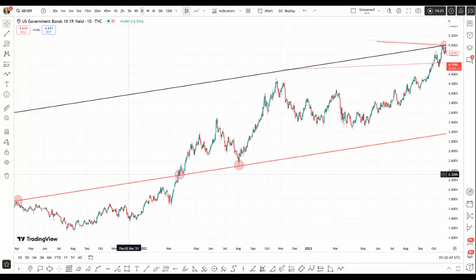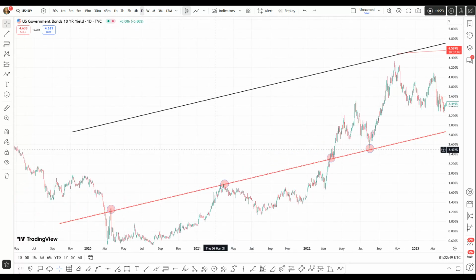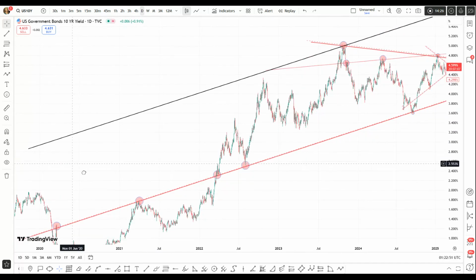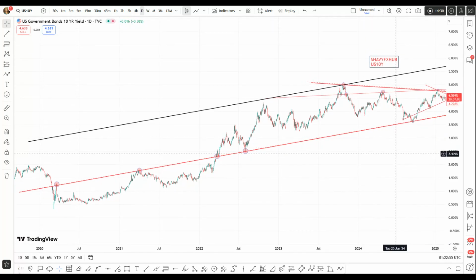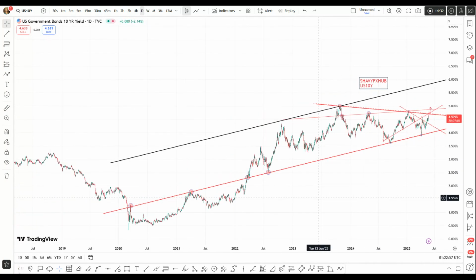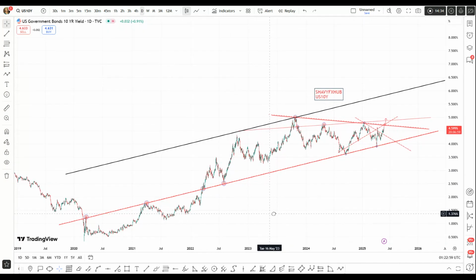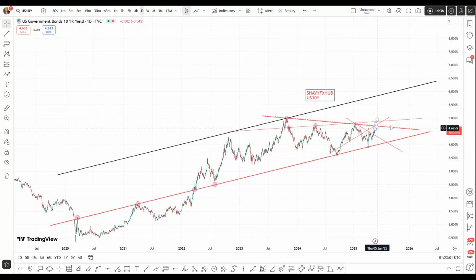You can see it. So now if the market breaks out from here, then it's possible that the yield could keep rising, maybe up to 6%.